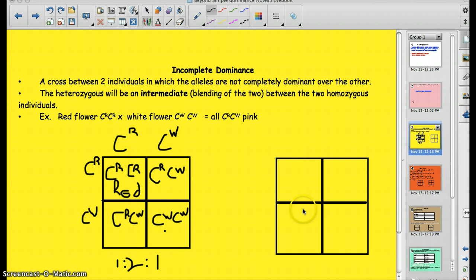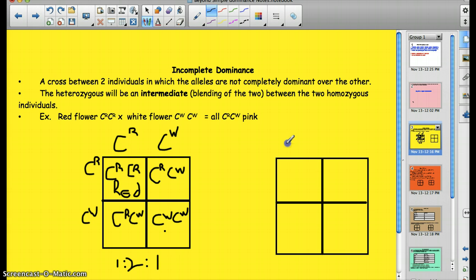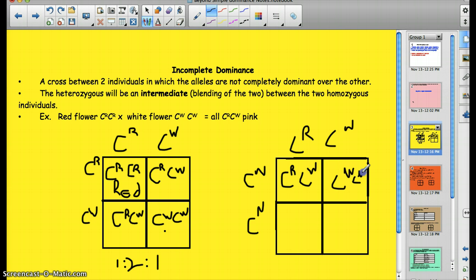Now, if you did this one correctly, you would have gotten CR CW for the pink, with a white, so CW CW, and that's going to give you a CR CW, and this is going to give you a CW and a CW.